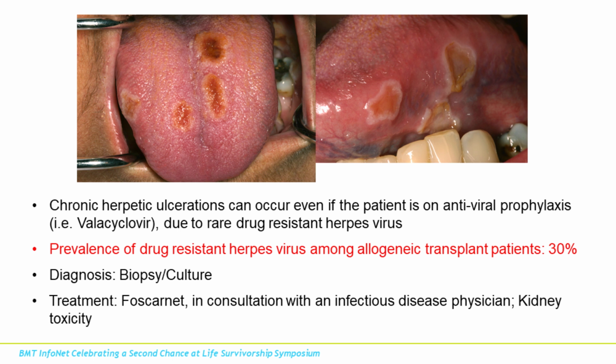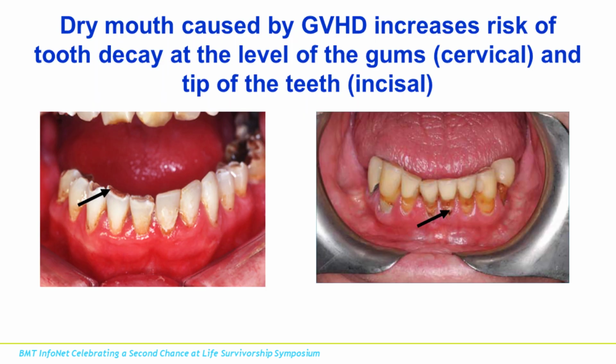And in that case, they'll have to prescribe different medications. So keep that in mind. Just because you're taking antiviral medication doesn't mean you cannot have it. Sometimes there is resistant virus, and especially it's more common with the first-line drug that is usually given. It has kidney toxicity. It's beyond my expertise, and the other doctors will talk about that later on.